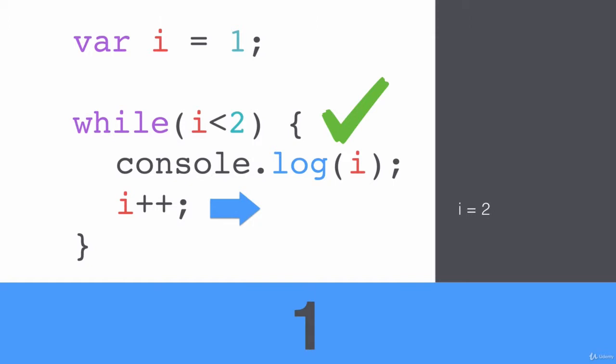So now, after this loop is completed, the code jumps back to the beginning of the while loop and it evaluates that condition again. So is i still less than 2? Well, 2 is not less than 2. 2 is equal to 2, right? So this is now false. And that means that this while loop will stop and it will skip the loop and go to the next line of code below. So this is how a while loop works.